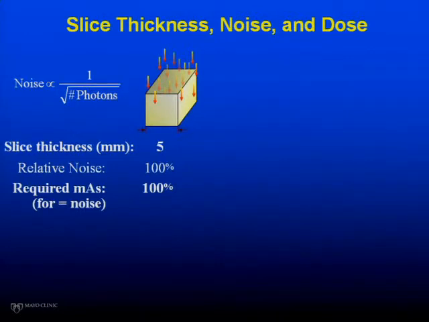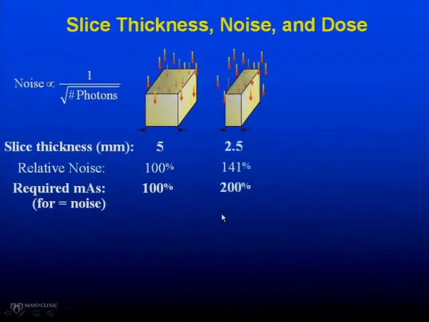For a 5 millimeter slice thickness, assuming the noise is 1 and the mAs is 1, when the slice thickness is reduced to 2.5, the noise increases to square root of 2 if keeping everything the same.